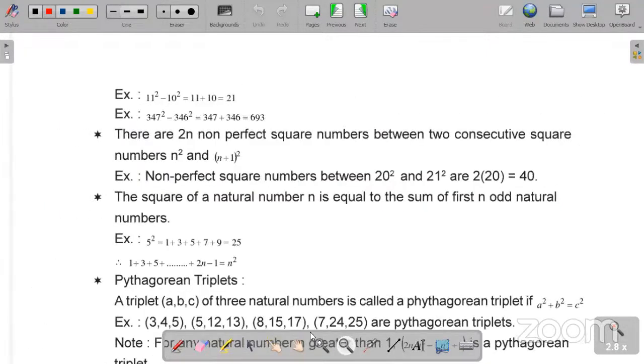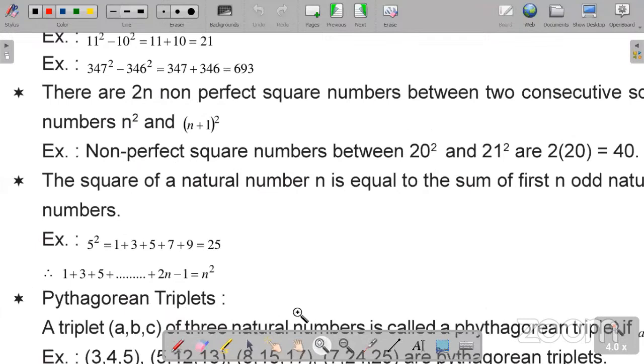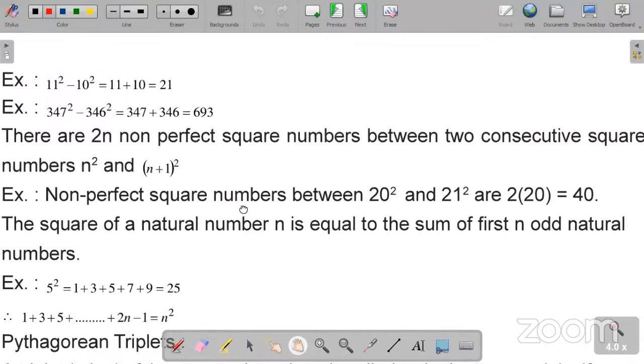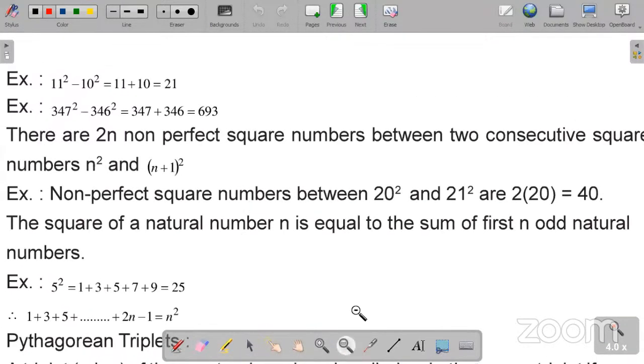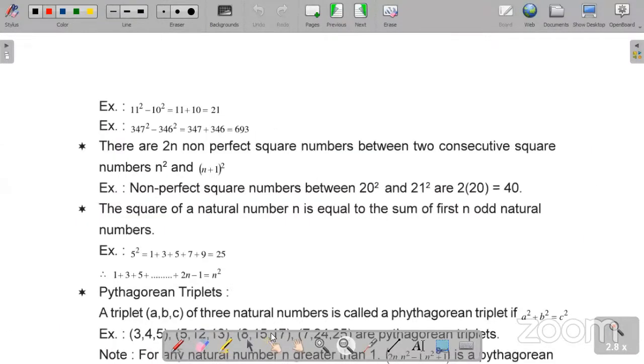See, there are 2n non-perfect square numbers between two consecutive square numbers. This is very, very important.